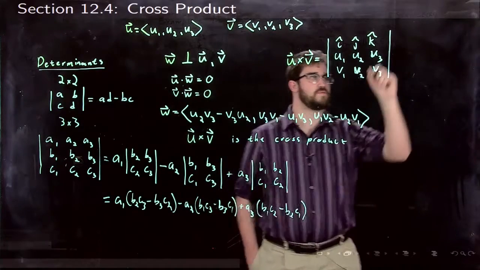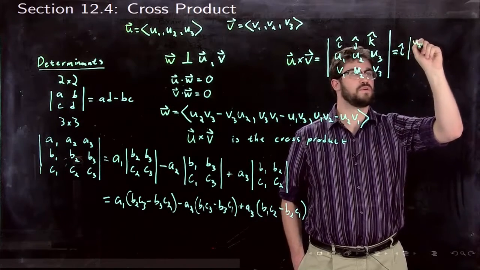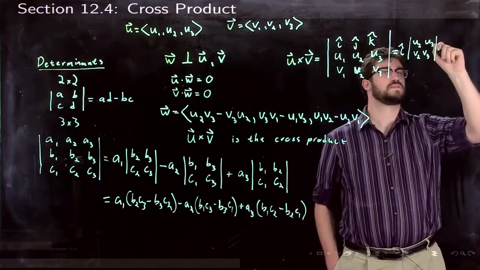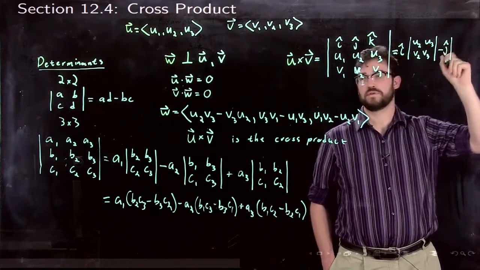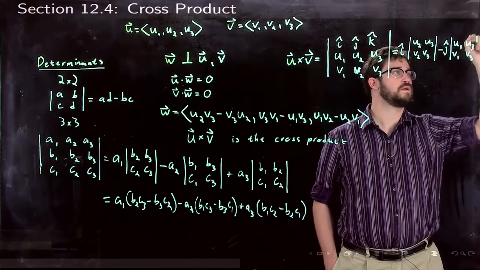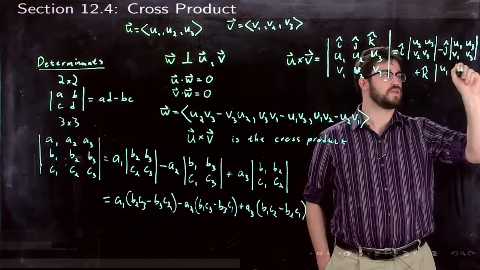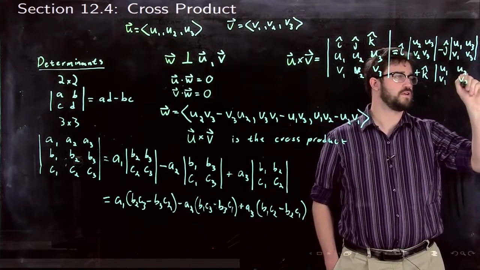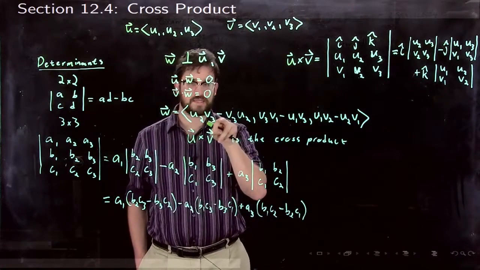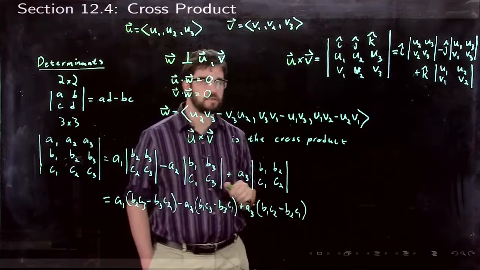Because if we have i hat times the determinant of u2, u3, v2, v3, minus j hat times the determinant of u1, u3, v1, v3, and then add k hat times the determinant of u1, u2, v1, v2, and we did the determinant of each one, you'll see that it is going to be identically the formula we had originally for this vector w.